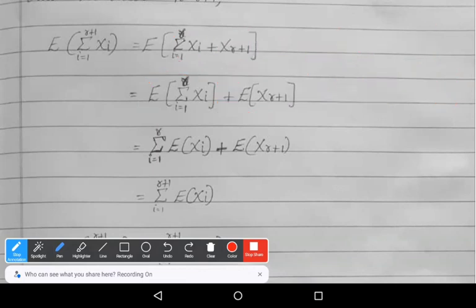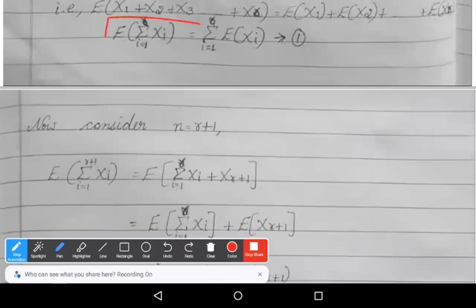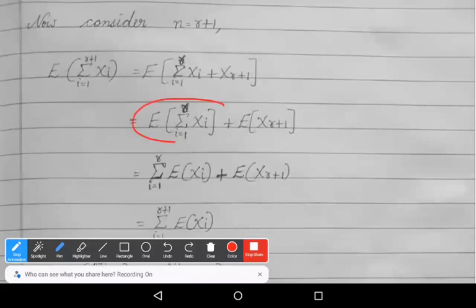Now use equation 1. What is equation 1? Here it is. Expectation of summation i is equals to 1 to r xi is equals to summation i is equals to 1 to r expectation of xi. By using equation 1 here, you get summation i is equals to 1 to r expectation of xi plus expectation of xr plus 1.